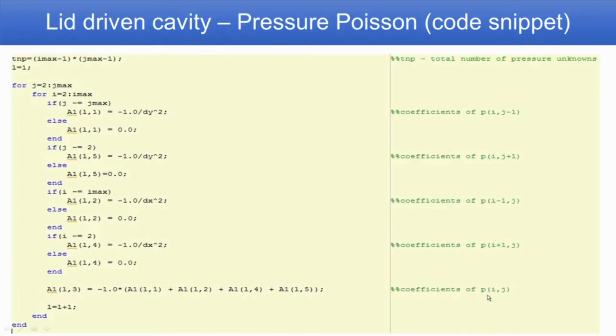So, the coefficient for P at general nodes I comma j is shown here. I would like to emphasize once again these special treatments, that is I j minus 1, I j plus 1, I minus 1 j and I plus 1 j, these are for corner nodes and edge nodes, and this particular line is for all internal nodes.